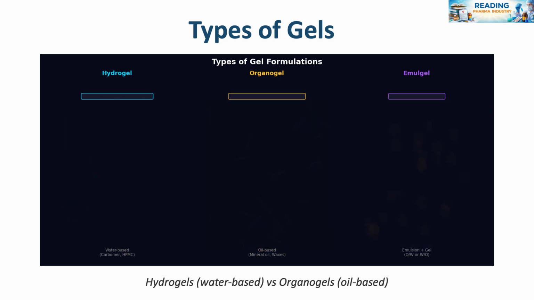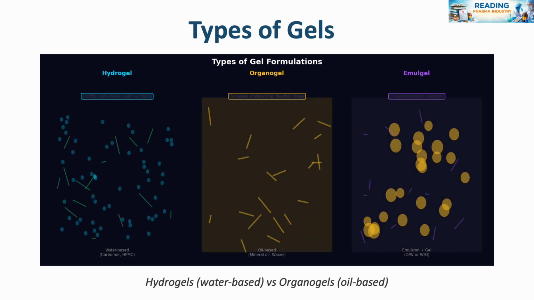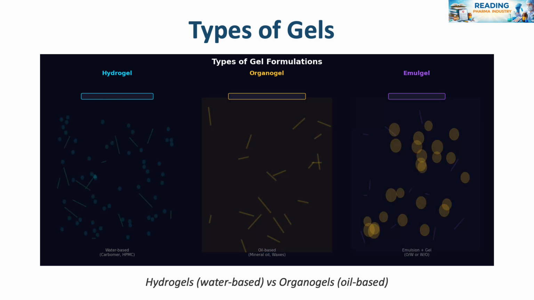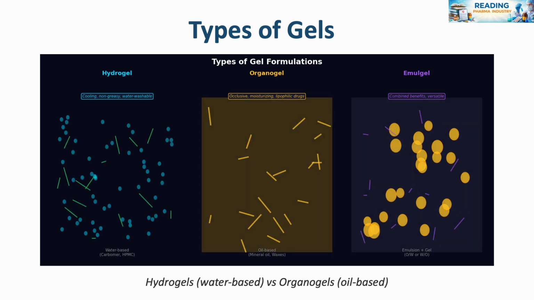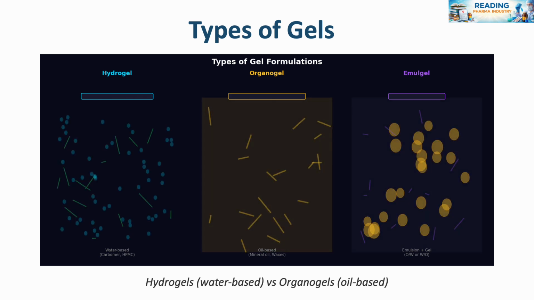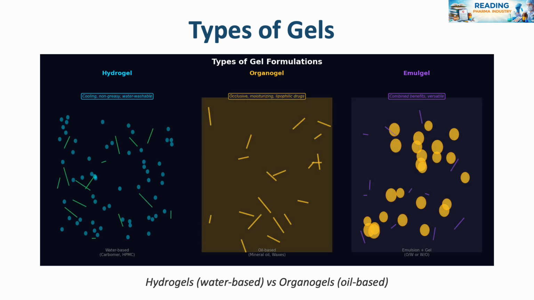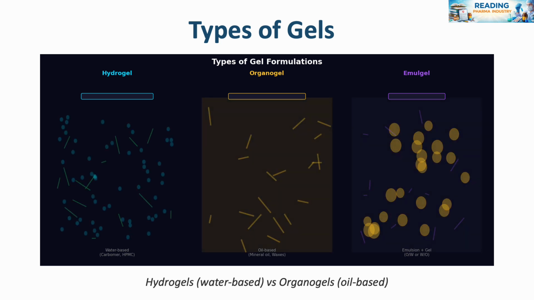Often when a drug is water soluble, then you could use a hydrogel. Sometimes a drug requires more oil in nature because it's more lipophilic. Then you could go for the organogel. Emulgel is also quite useful when there is a combination of properties, so it can be used for both kinds of products. Emulgel is used for things like ibuprofen gel, which is a topical anti-inflammatory.